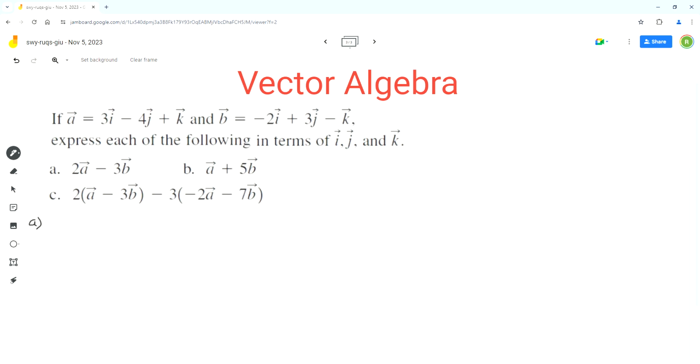So we have to find the expression for 2A minus 3B. So we have to sub in vectors A and B as the given expressions in terms of i, j, k.